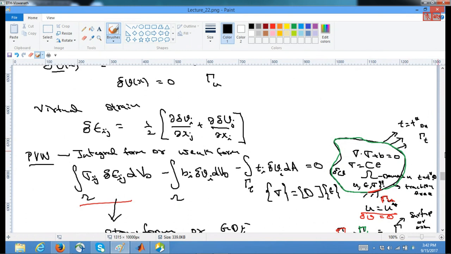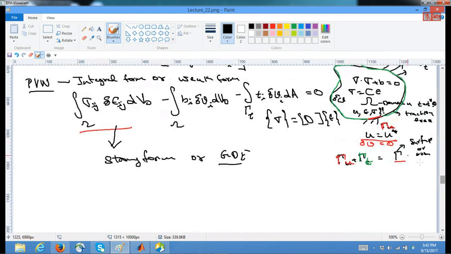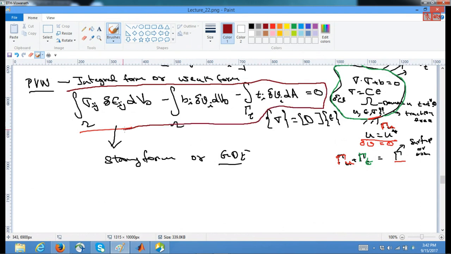But I directly write it with respect to the principle of virtual work, which is nothing but this one. And this is our starting point of finite element methods, because the finite element method starts from the integral form, and this integral form is quite essential to go forward in the finite element sense.